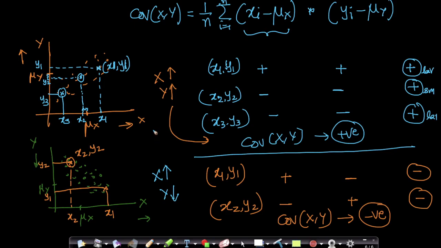One big problem with covariance is, let's assume I have my random variables x and y, where x is height and y is weight. Suppose this is height in centimeters and this is weight in kilograms, right?